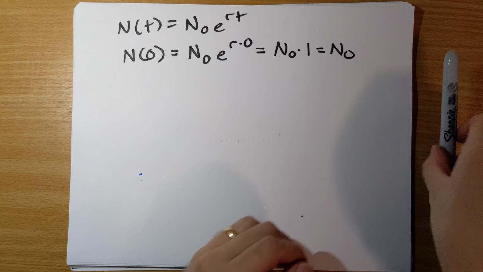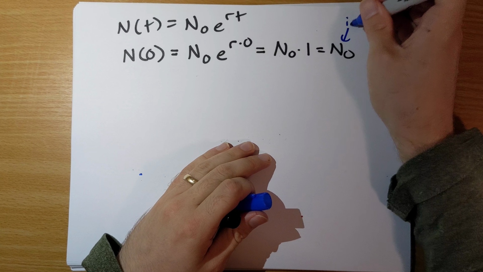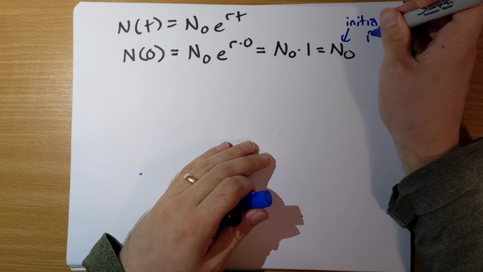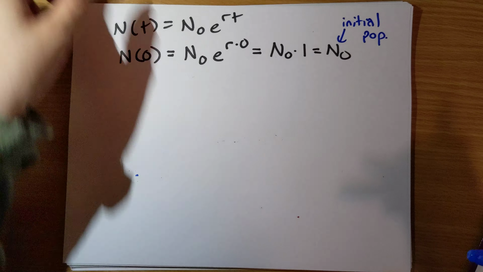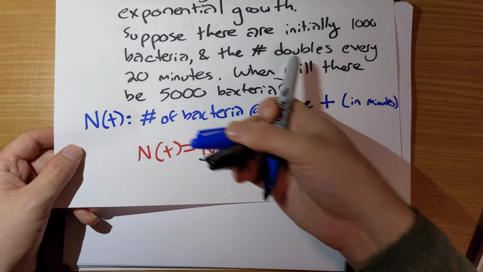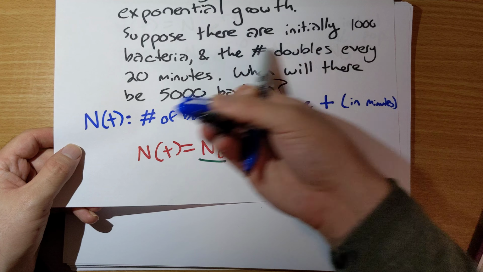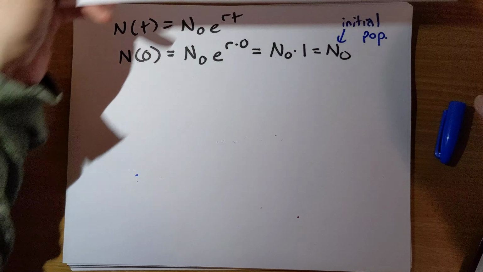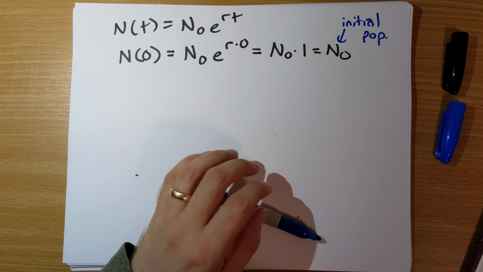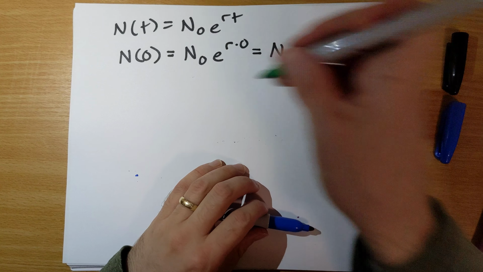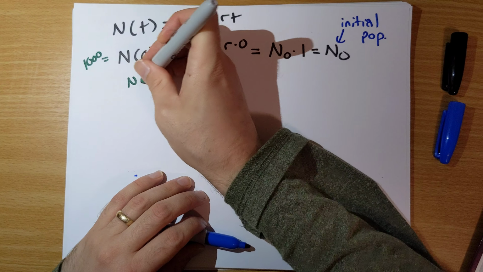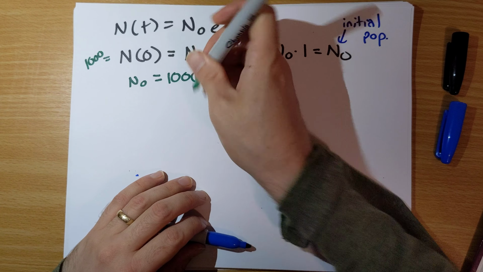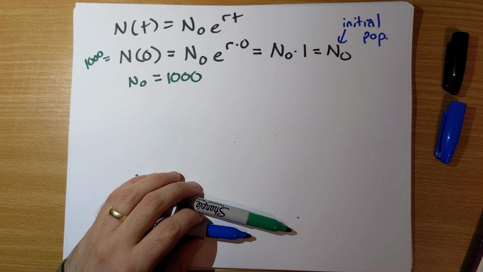This is the initial population. If we go back and reread the problem, it says suppose there are initially 1,000 bacteria. This shows us that N naught is equal to 1,000.